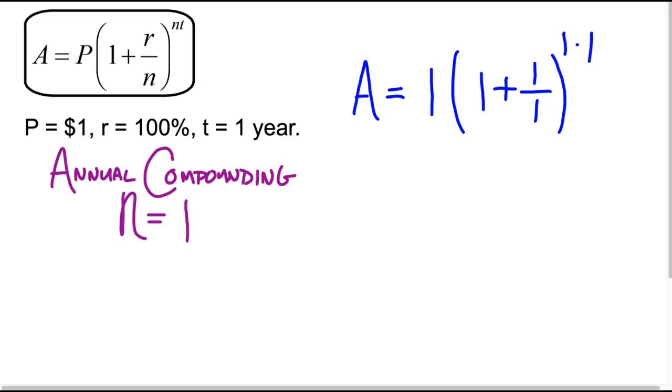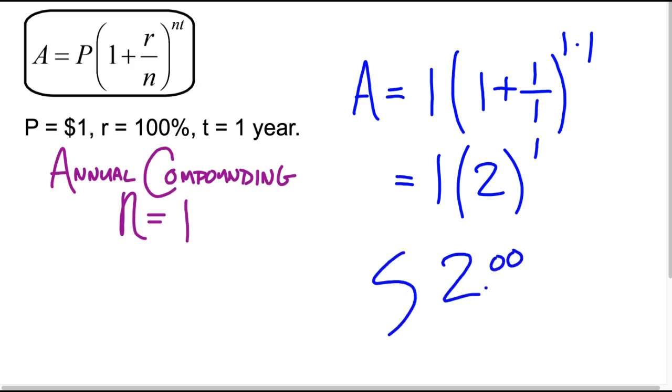So that means you have 1 times 2 to the 1 power, which is $2. I invested $1 at 100% interest, and I made $2.